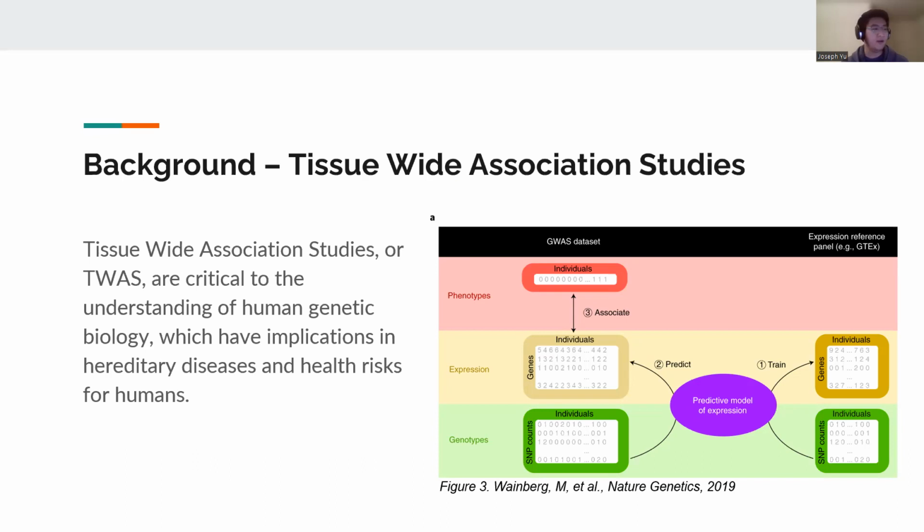For example, many cancer types are heavily influenced by genetics, as well as neurodegenerative diseases, such as early onset Alzheimer's, Parkinson's, etc. And TWAS in gene expression is a popular research method that scientists are using to investigate these diseases.